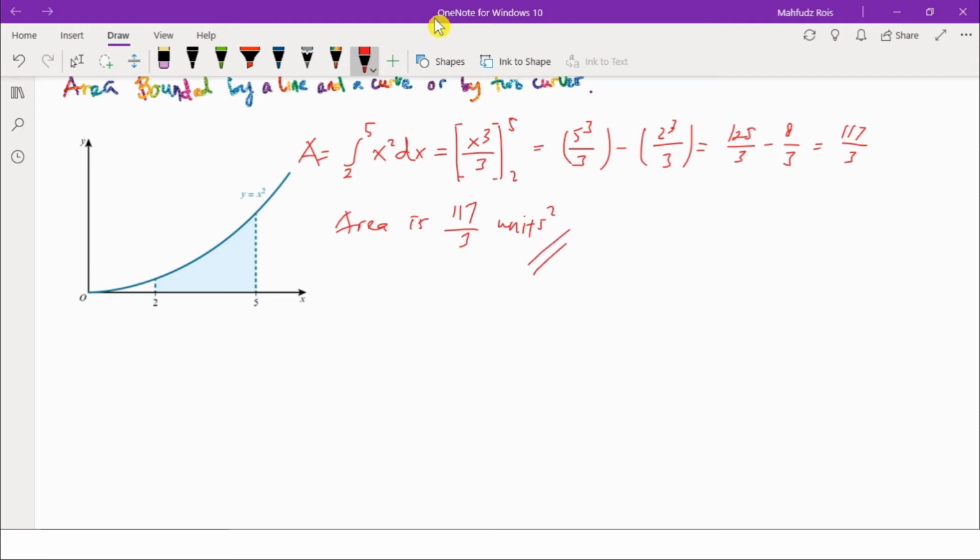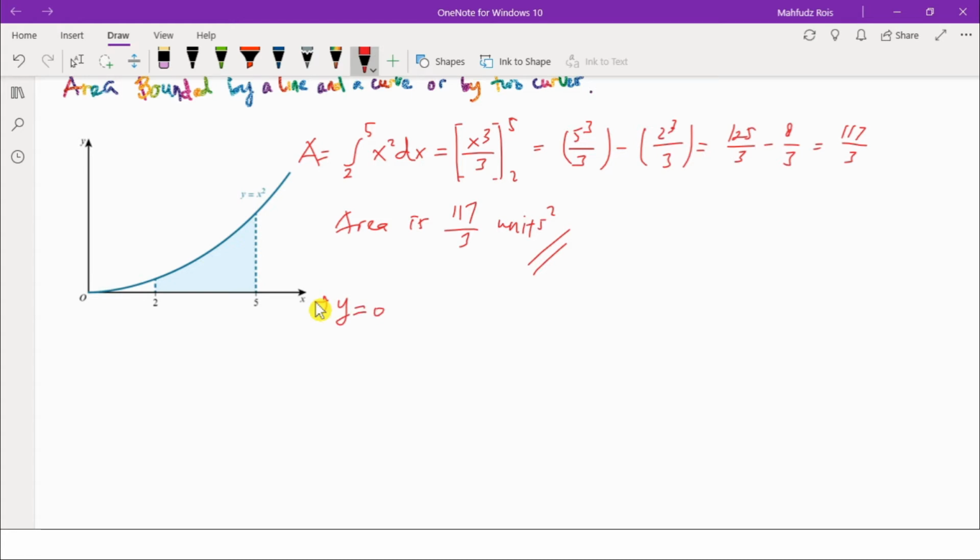Now, the relation between this and the area bound by two curves, or a curve and a line, as you can see here: this area is also bound by this curve x squared and this straight line, the x-axis, right? You know that the x-axis is y equals 0, right?